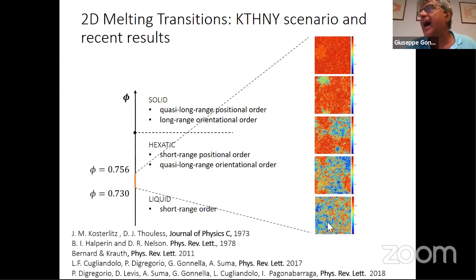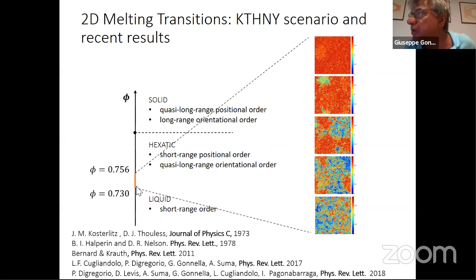This is the standard scenario that has been a bit changed in the last years by the research of several groups. The final result is that in 2 dimensions you go from solid, then you have hexatic, then you have a region of coexistence between hexatic and liquid, and then you have the liquid.